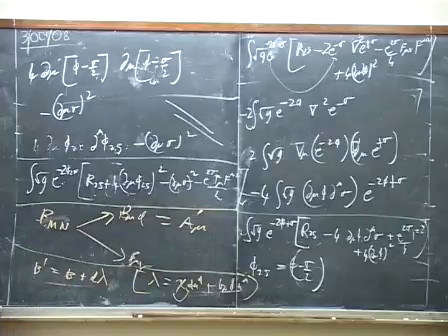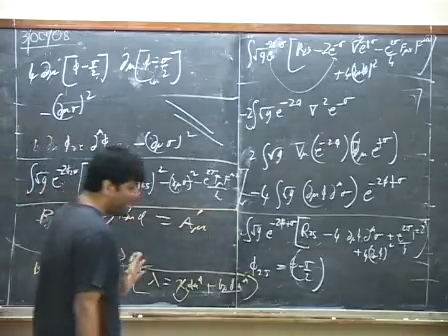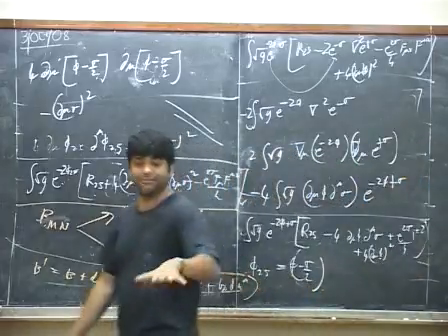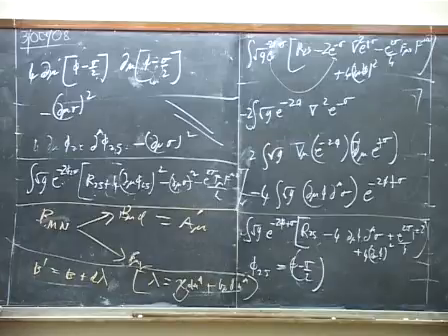Is this clear? So under Kaluza-Klein reduction, the B mu nu field in 26 dimensions gives rise to a B mu nu field in 25 dimensions plus an A mu field, an ordinary gauge field.